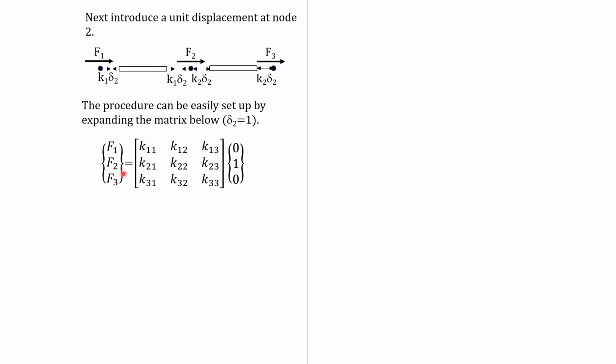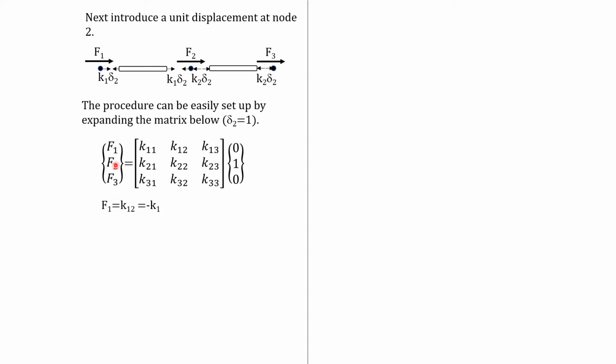So the direct way of finding these stiffnesses is to expand this stiffness so that F1 equals K11 times 0, plus K12 times 1. So therefore, it is equal to negative of K1 from this free body diagram here. F1 plus K1 delta 2 equals 0, so F1 equals negative K1, and that negative K1 is actually K12.